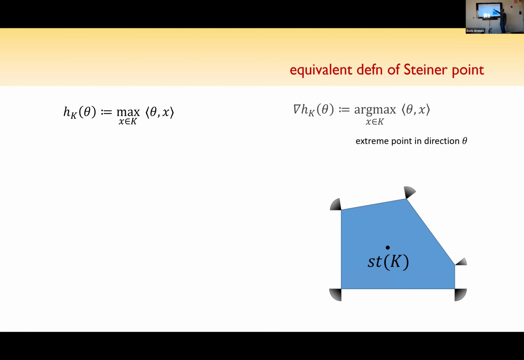And if you take its gradient with respect to theta, it's some algebra that it happens to be the argmax in that direction. So what I wrote out there, the argmax of that thing, you can just replace by this gradient. So that's the standard point.